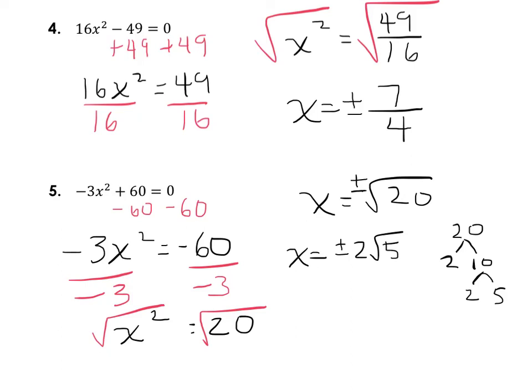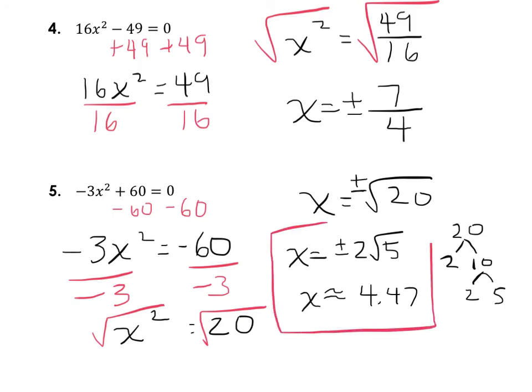Or if you have a calculator, you could grab a calculator and estimate. If you type in the square root of 20 in your calculator, or you could also type in 2 square roots of 5, that's going to give you about 4.47. So I have two different ways of writing my answer.